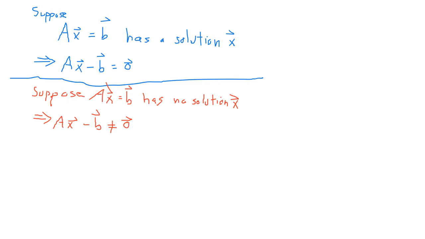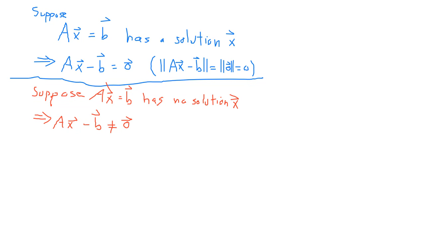So for the first case, if Ax equals b has a solution, then when we take the difference between Ax and b, that's just equal to the norm, or the length, of the zero vector, and that equals 0, right?